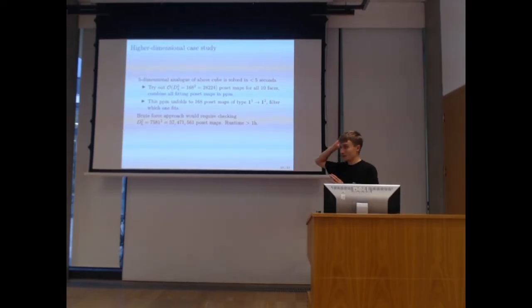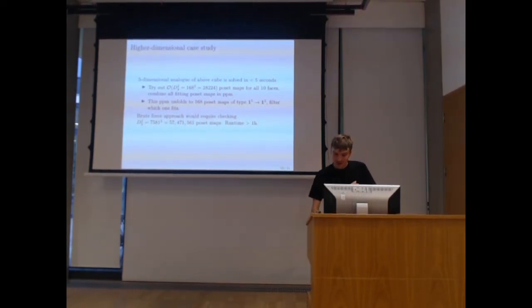We can actually be more clever than this algorithm. I haven't really nailed this down yet, but I think this is also improvable. Whereas if we had to brute force our way through this, we would have over 57 million poset maps to check. This is not really feasible anymore with the tactic. Here you would have a runtime of over an hour to check all these manually.